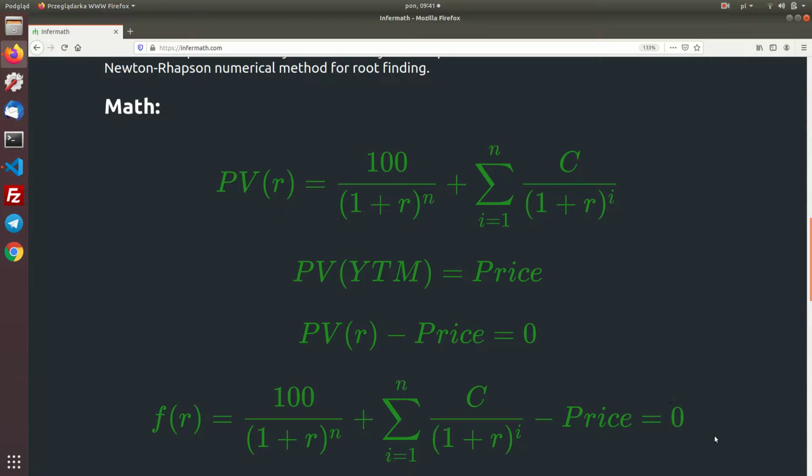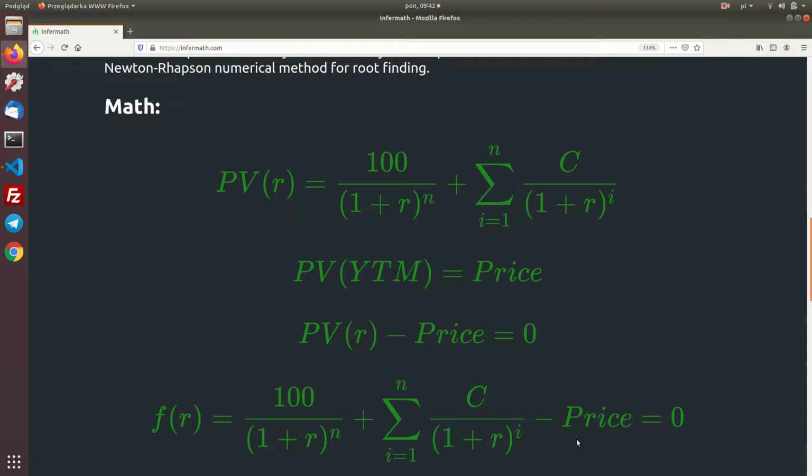So let's first try to look at this equation a little bit. What would it mean to solve for r? Well, probably the first thing that we would like to do is to multiply by 1 plus r to the power of n, so that we get rid of all the hyperbolic terms, and instead we have a polynomial which will also be of order n.